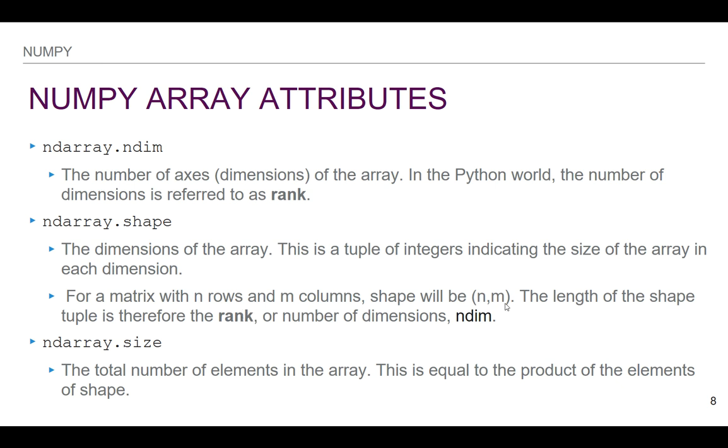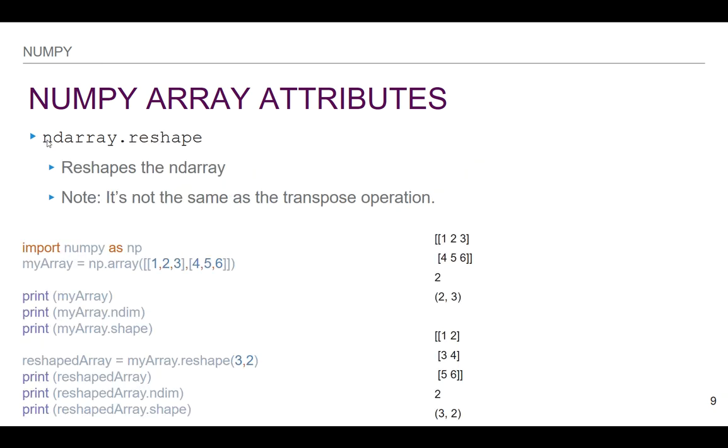And the length of this tuple is the rank, or the ndim. The size, the total number of elements in the array. And reshape, it's an operation that reshapes the array. It doesn't transpose it, it just changes the structure, the number of rows and columns, and redistributes the values.